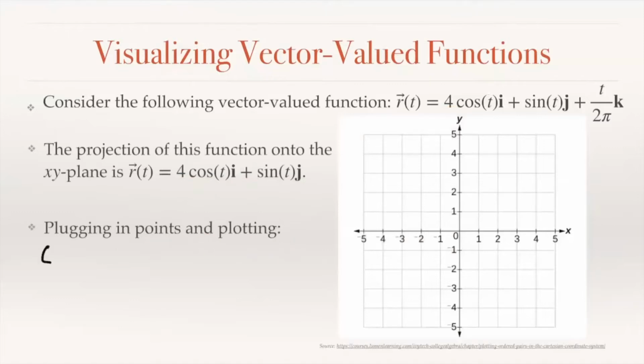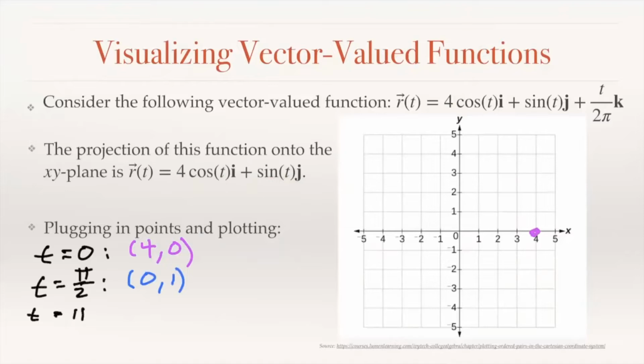So when t is 0, then our coordinate is 4, 0, plugging in t equals 0 into this. Okay, there's 4, 0. When t is pi over 2, then our coordinate is going to be 0, 1, plugging in pi over 2.